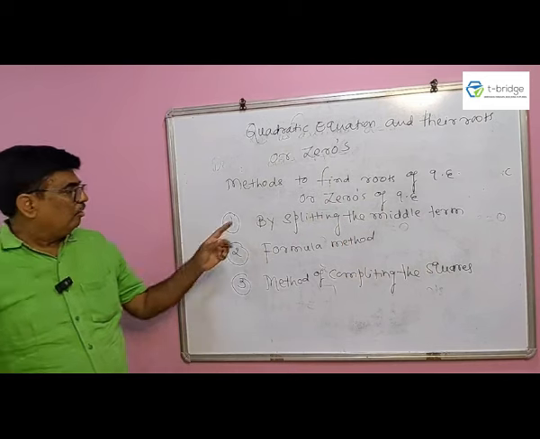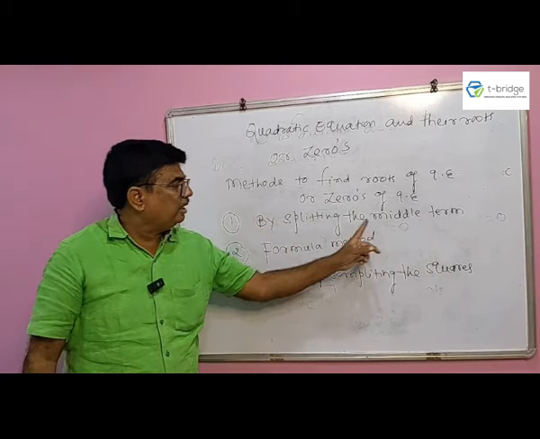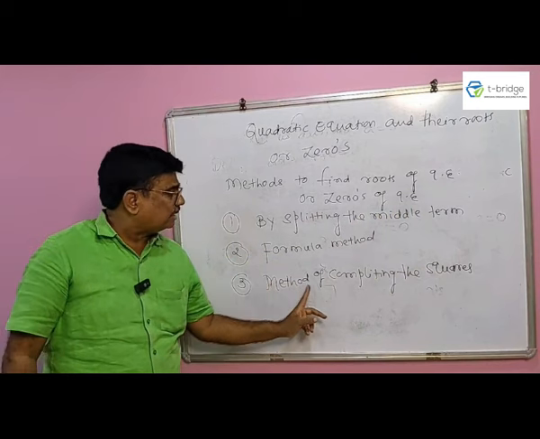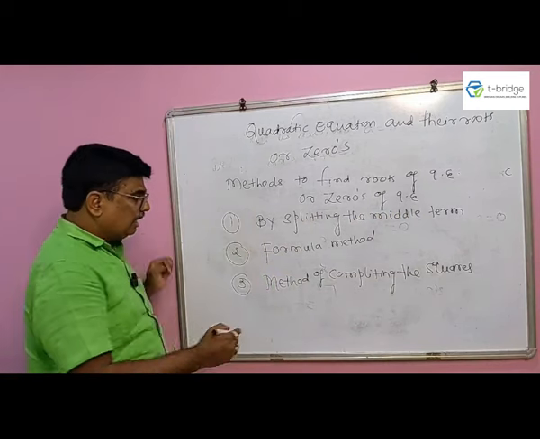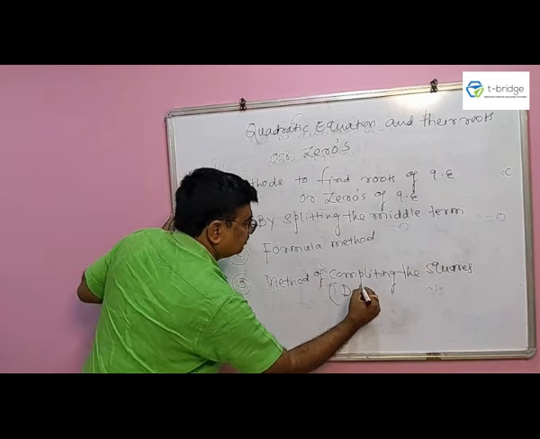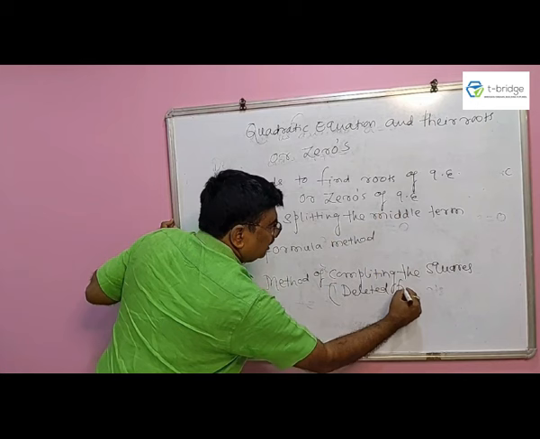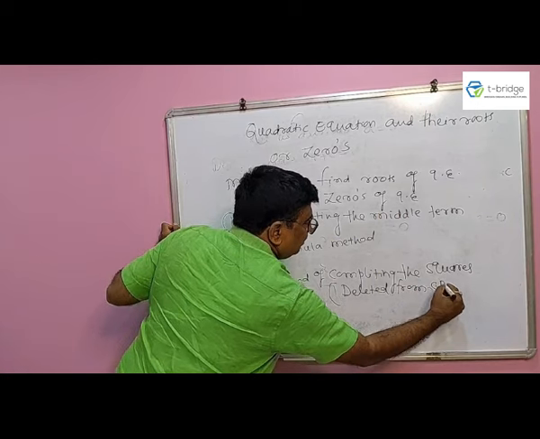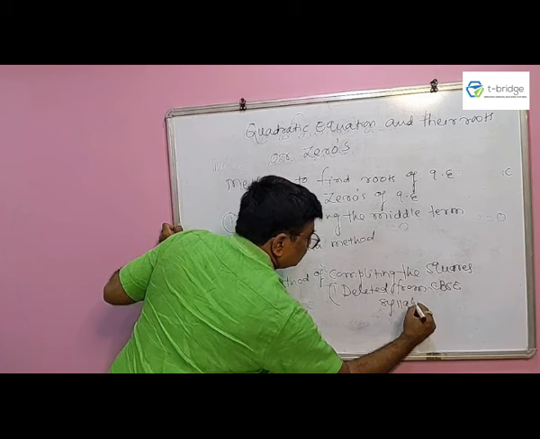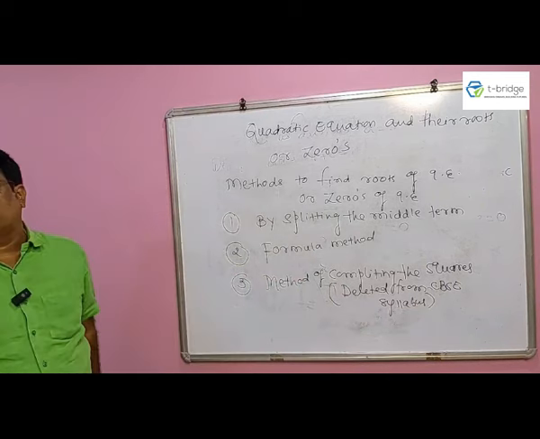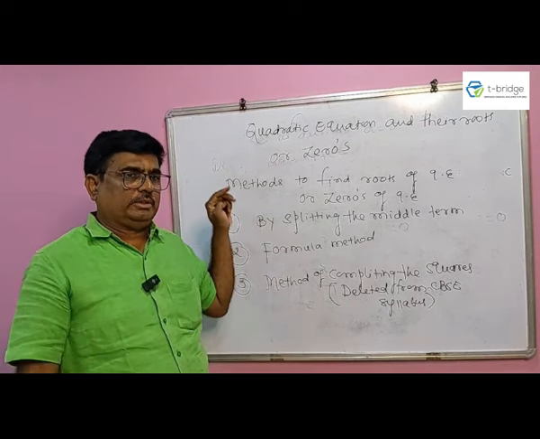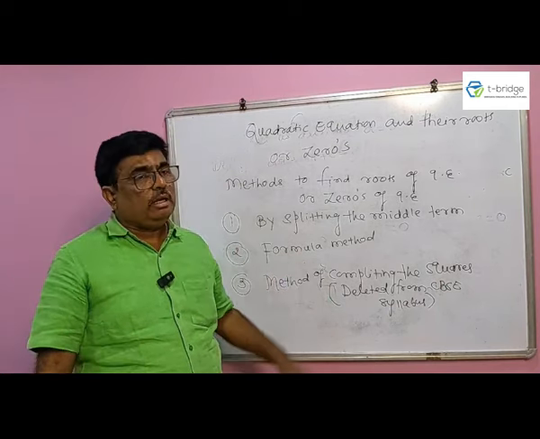First by splitting the middle term, second formula method, third method of completing the square. It is deleted from CBSE syllabus. Therefore, it is not necessary to discuss the third method. We have to discuss only first method and second method, by splitting the middle term and by formula method.